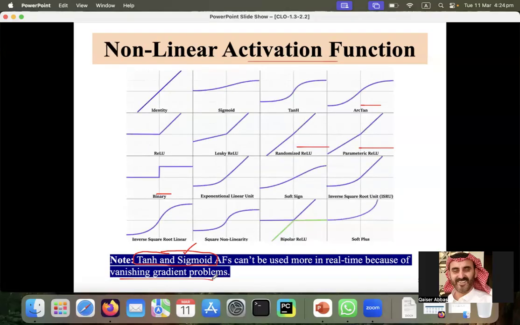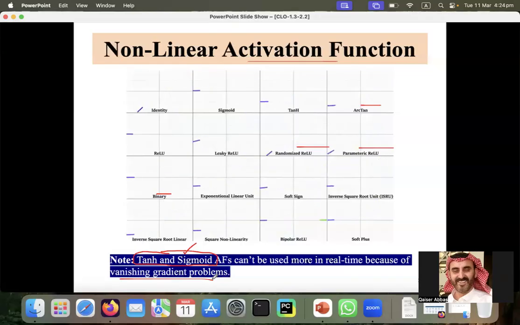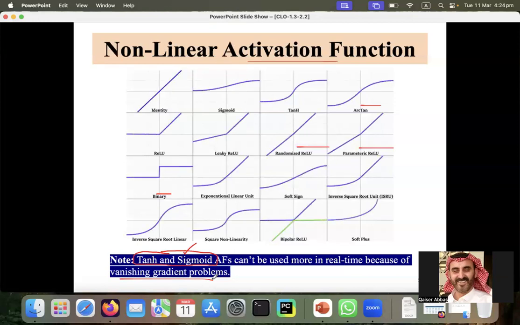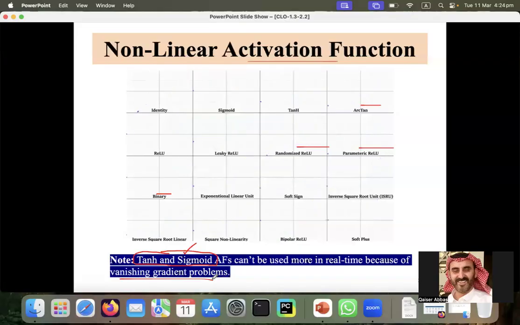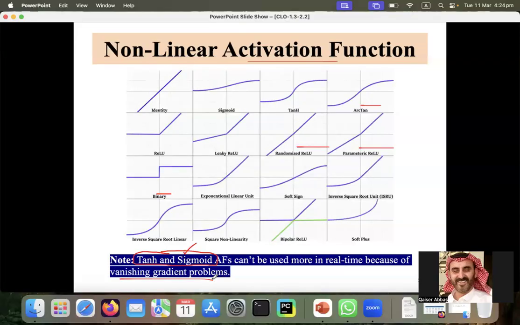When you multiply them again and again, they become smaller and smaller, so those values would be almost zero, and it will give you zero results. It will affect the accuracy of your model.